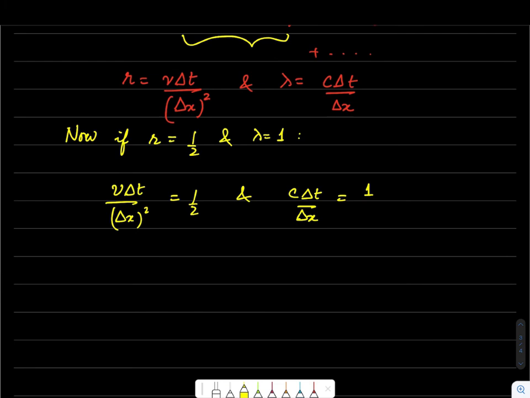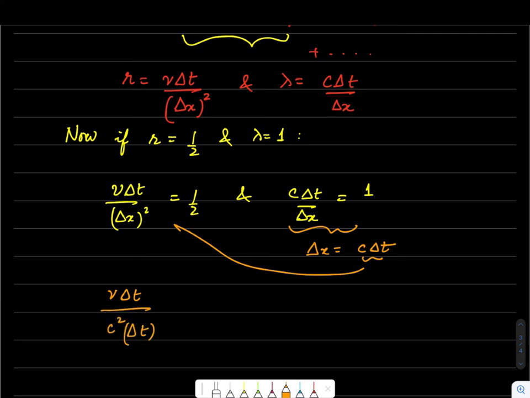With a slight rearrangement, I can get delta x to be equal to c delta t. Put this back here. So what we'll get is nu delta t by c squared delta t squared is 1 by 2, which would give me c squared delta t to be equal to 2 nu, or nu to be equal to half c squared delta t.